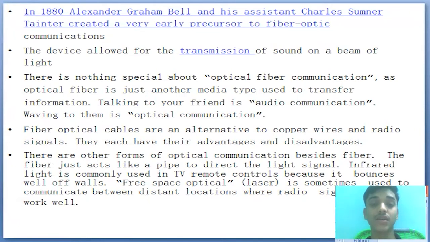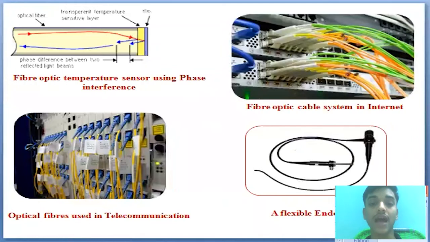By this good advantage, nowadays it is used widely not only in telecommunication, but also in various other applications. As you can see in this slide, the first diagram is a fiber optic temperature sensor using phase interference. This is an optical fiber, and a transparent temperature sensitive layer is there.